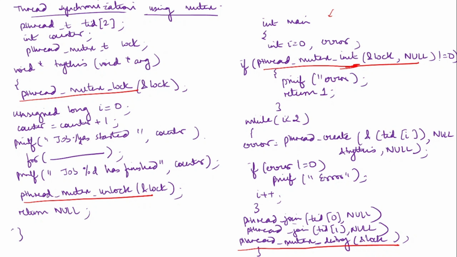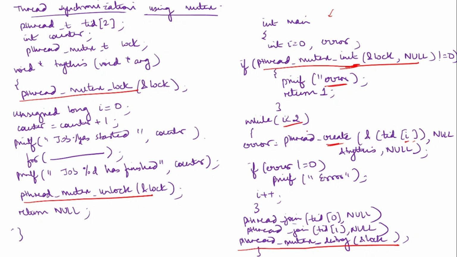If it's not initialized properly, I'll throw an error. Otherwise, if everything goes well, I am assuming that the mutex is initialized. Then I start with the while loop. The while loop says let's start creating 2 threads, tid0, tid1, because i is less than 2. So this creates 2 threads.